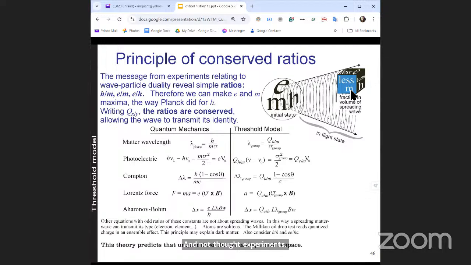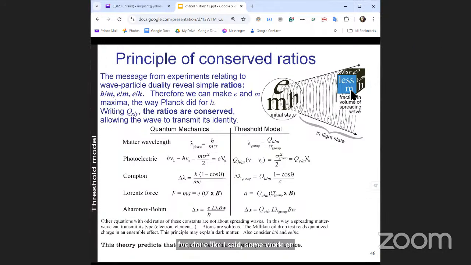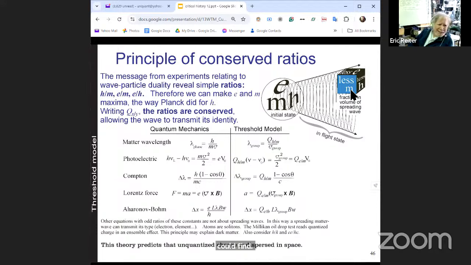Yeah, but you can define what spin is for you, or you cannot. Well, I'd prefer not to get into spin. I've done, like I said, some work on spin. So it doesn't exist for you? What? It doesn't exist for you. Spin? No, it plenty does exist. I handled and worked on spin, but I'm not prepared to go into it right now.